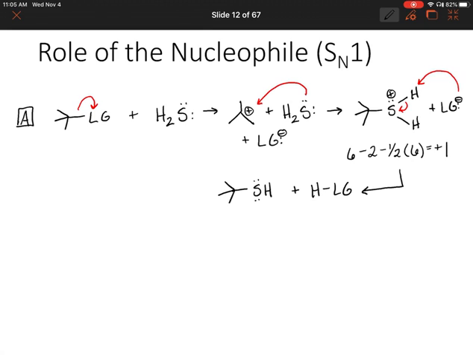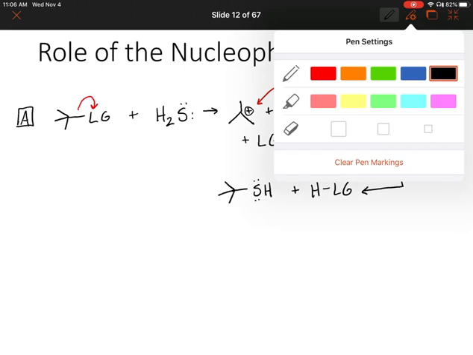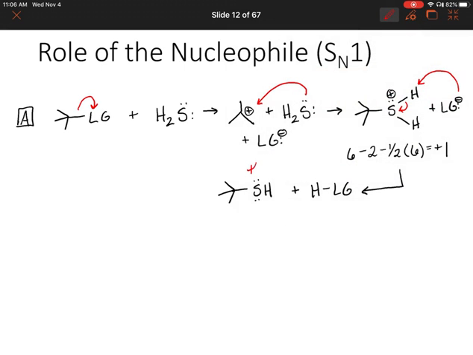Now, what type of product do we have? So if we have a sulfur in a molecule, what type of functional group is that? So this is called a thiol. So remember, if you have a sulfur in your product, that is a thiol group.